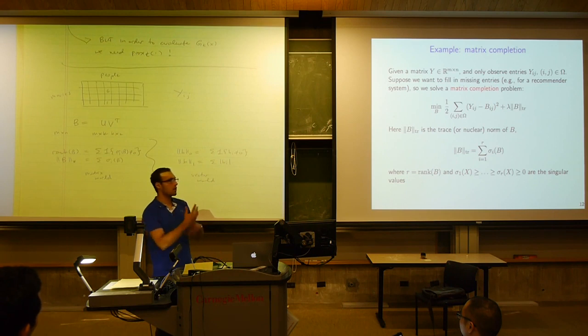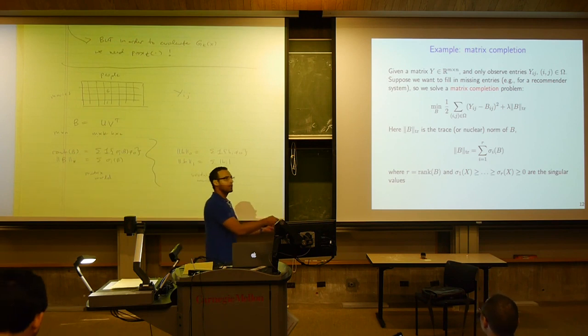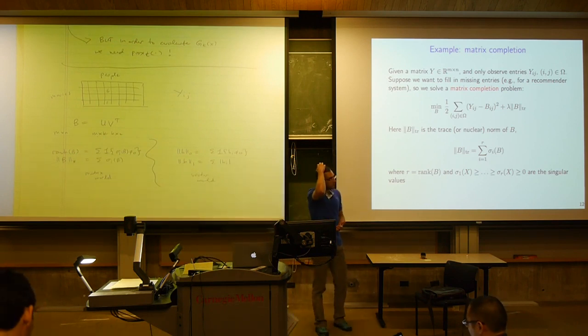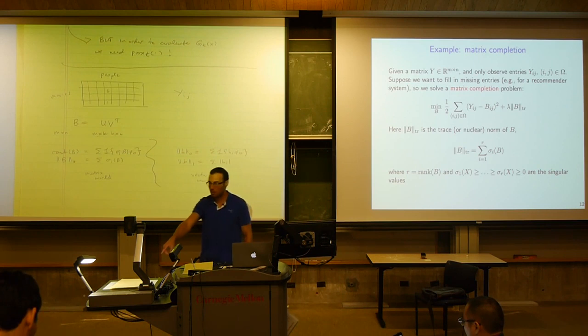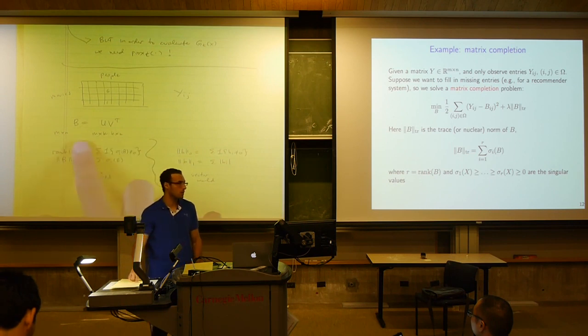Every movie is a combination of k prototypical movies, different genres, and a similar thing applies for users. Each user likes action movies in general, or likes romance movies in general. What you're seeing is a latent factor model. That's how we think these ratings are being generated. So that's where the low rank assumption comes from.